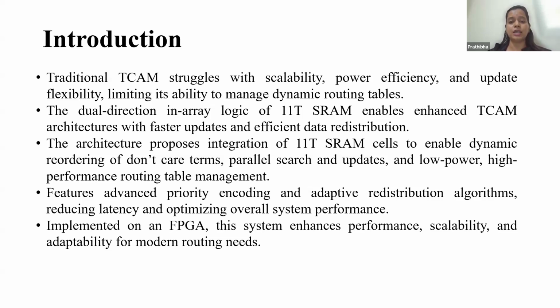To address these issues, we have introduced an SRAM-based TCAM architecture in our work. We mainly use 11T SRAM cells, which enable dual direction logic array, allowing parallel search and update, and combined with the dynamic weighted redistribution, it efficiently manages don't care bits, which we can also call wildcard bits.